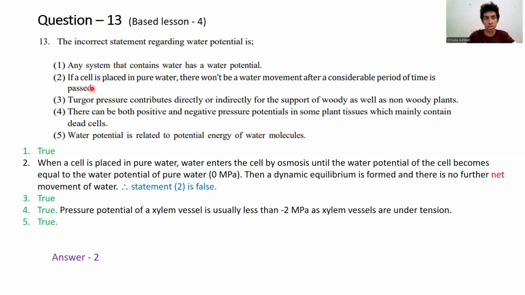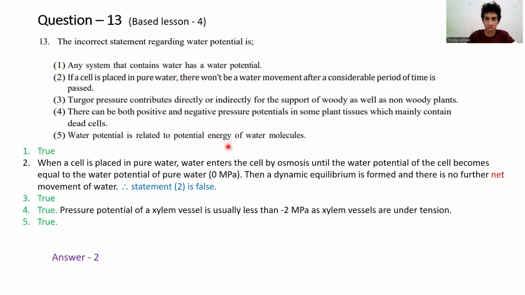What happens when a cell is placed in pure water? The water potential of the cell is less than 0 megapascal as solutes are dissolved in the cell. And the water potential of pure water is 0 megapascal. So the water potential of the cell is less than that of pure water.